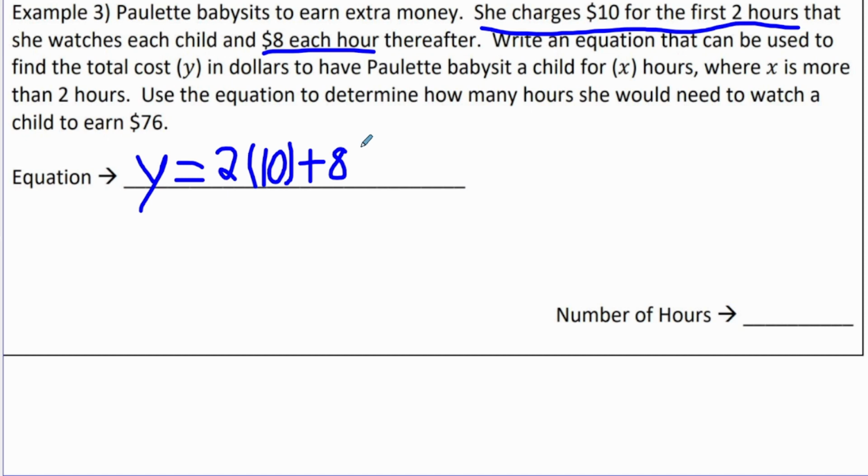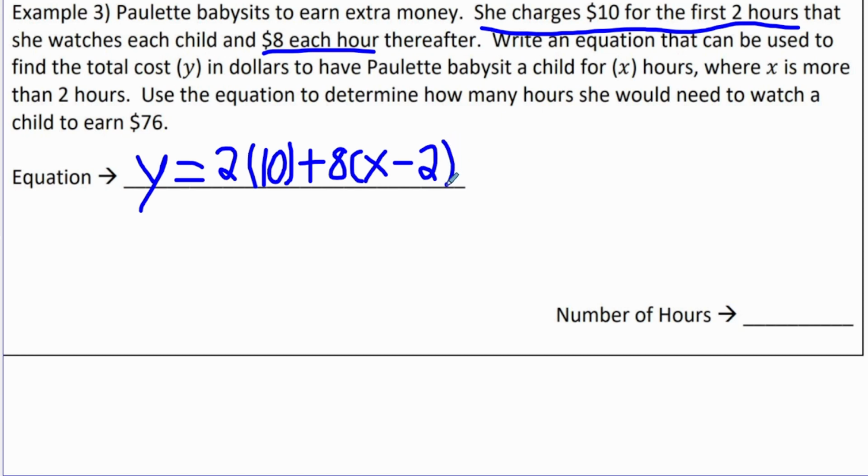But it's not just as simple as 8 times x, because if I were to say x is 3, that wouldn't be correct, because then I'd be double charging for the first 2 hours, okay? So how do we say in terms every hour more than 2 hours? Well, it's also saying 2 hours less than the total. And how we say that is x minus 2.